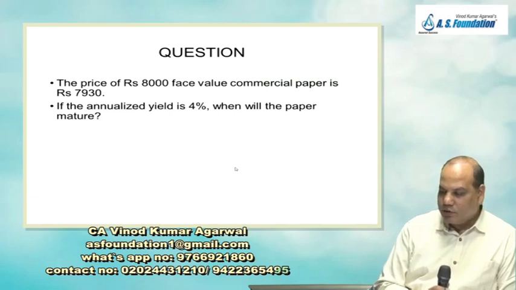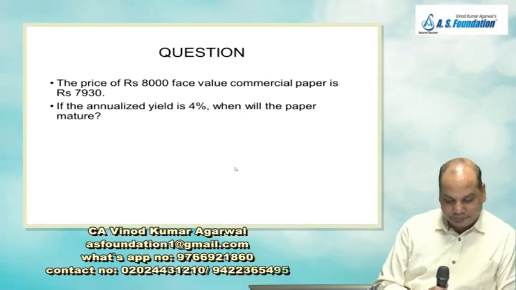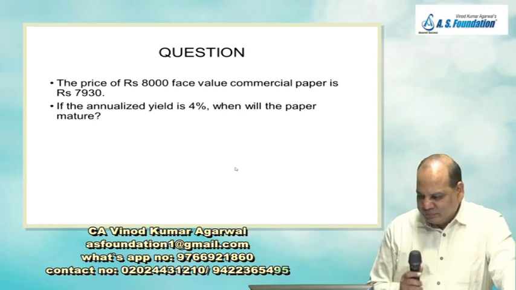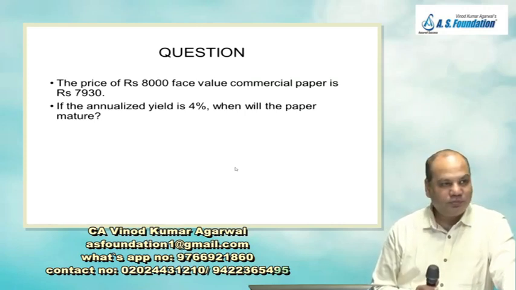If the annualized yield is 4%, when will the paper mature?